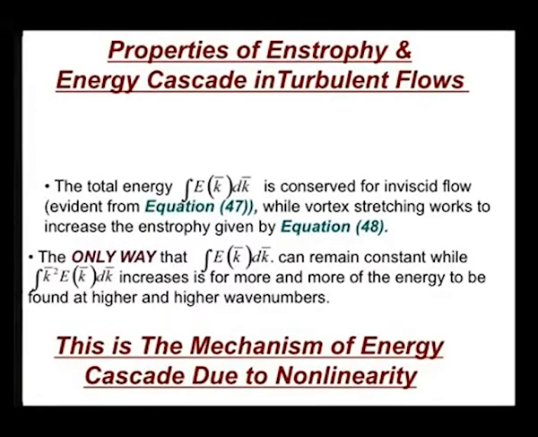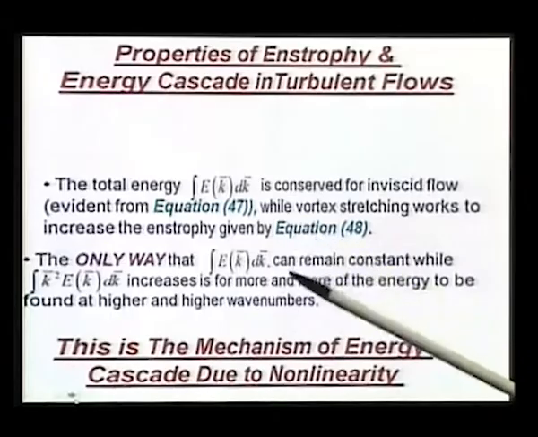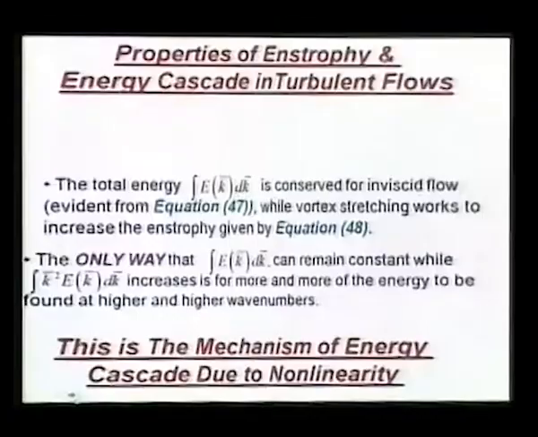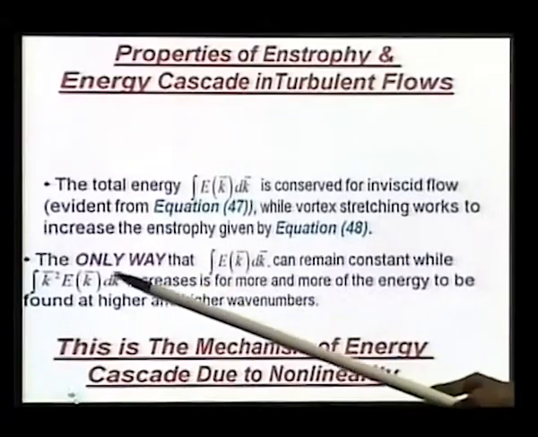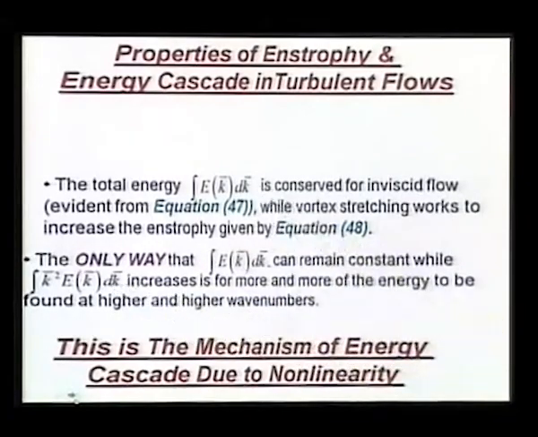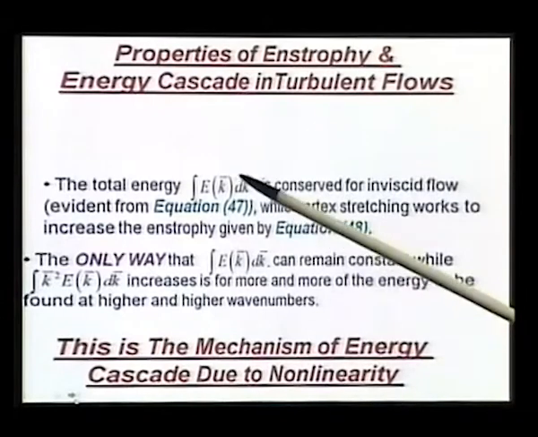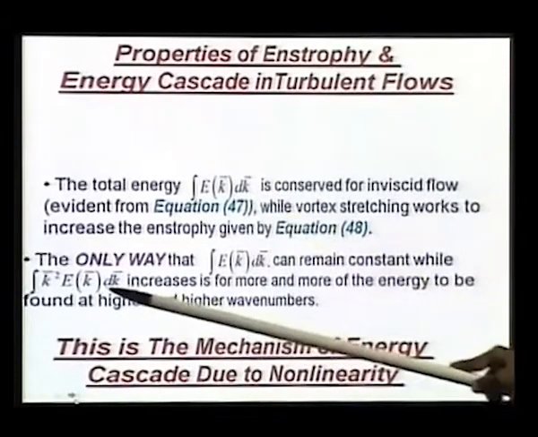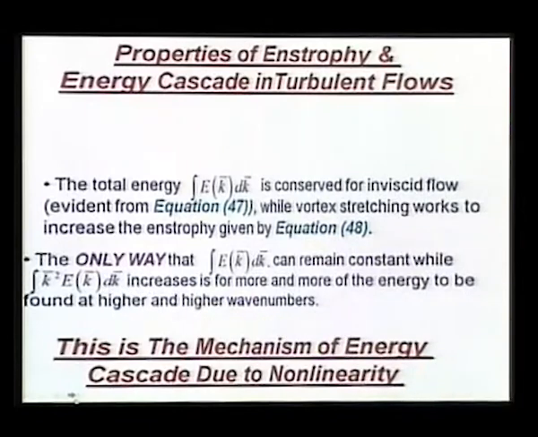So, if entropy increases, then what is happening? We have given an estimate of entropy as k square E k. So, we have a very interesting situation, that E k d k is conserved, whereas k square E k d k is increasing.